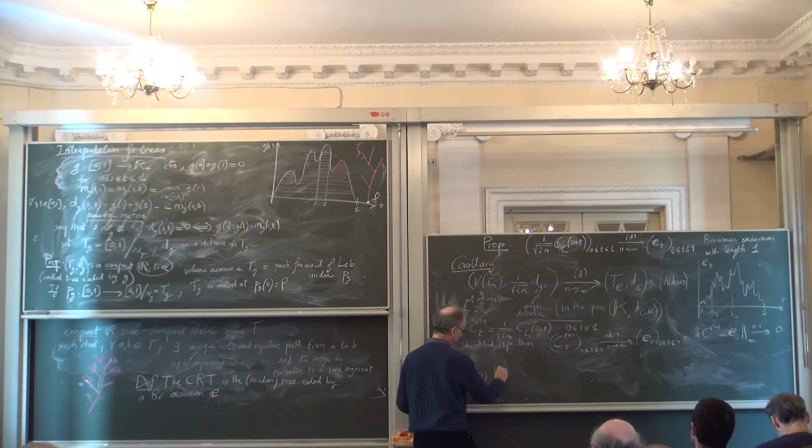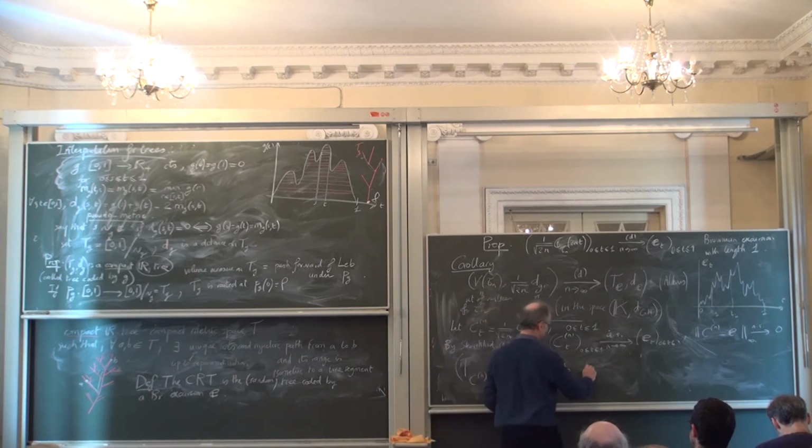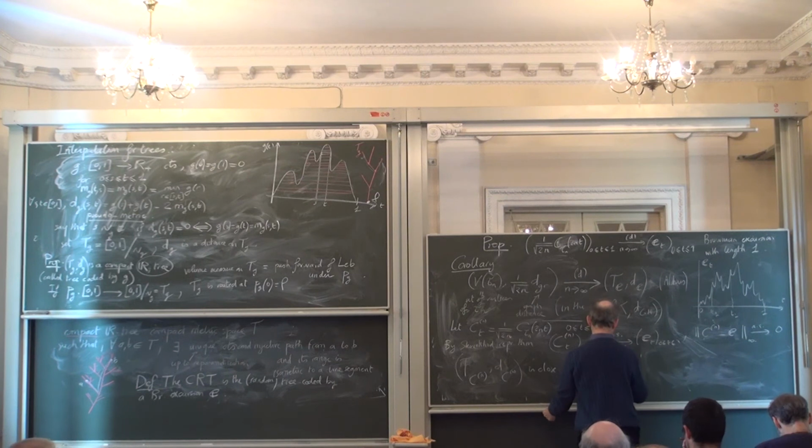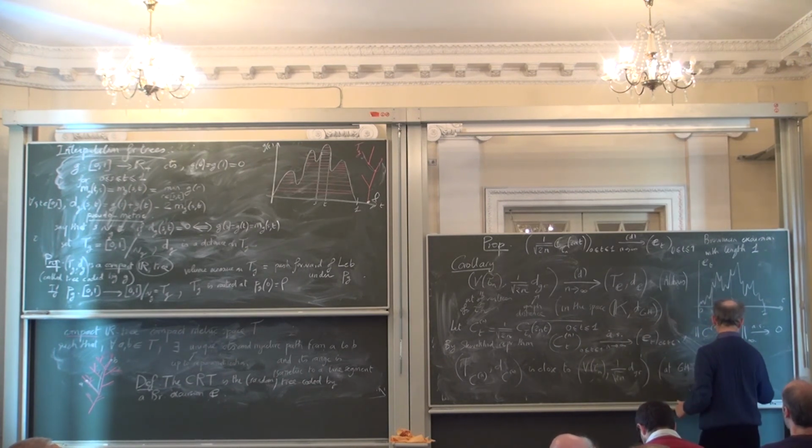And so I have, with a certain distance, I say that it is close to this object here. Close means in fact at Gromov-Hausdorff distance smaller than, for instance, 1 over square root of 2n.